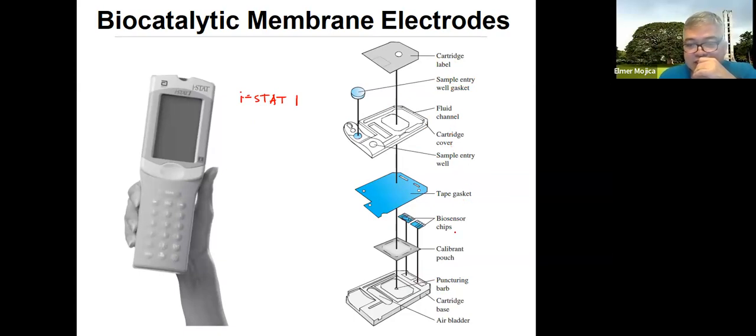The tape gasket, there's the biosensor chips, calibrant pouch, puncturing barb, cartridge base, and what we call the air bladder. So these are already, we could say, a bedside monitor that is available for some in vitro potentiometric determination of various analytes of biomedical and biological systems.